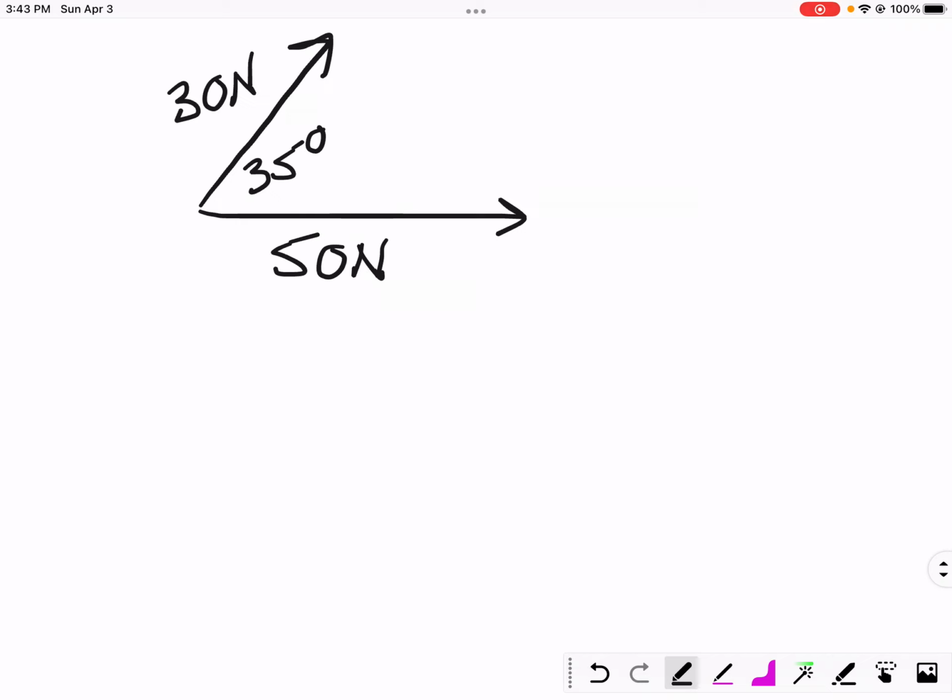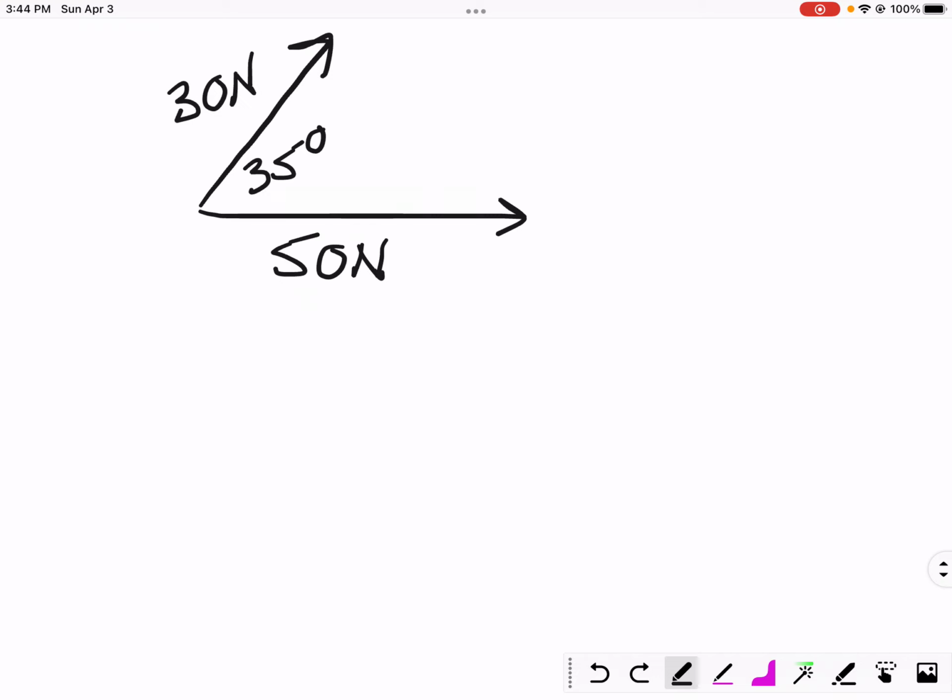Now, I've said more than once, even though a jet plane might be going east and north at the same time, we can pretend it's going east and then north, or north and then east. And even though we have these two vectors acting on an object, let's say two tow trucks pulling a car at the same time, we can pretend for mathematical purposes that it's one then the other.